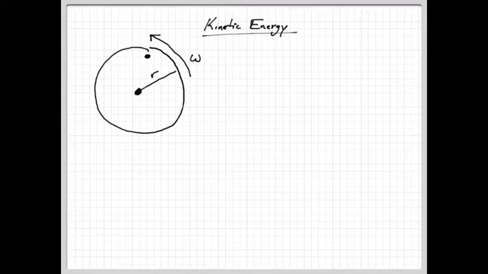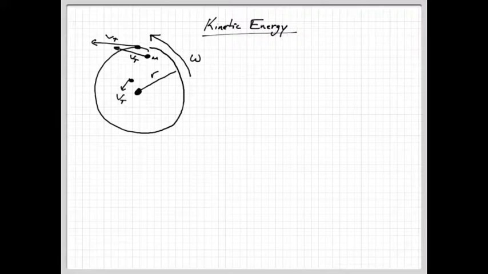So if I look at this little mass here that I've marked, we know that at this point in the circle, it's got a tangent velocity. And then somewhere else, say at the edge of this circle, it has a tangent velocity. And then somewhere closer to the center, it has a tangent velocity as well. Now remember that the tangent velocities are going to be different depending on where you are from the center of the circle.